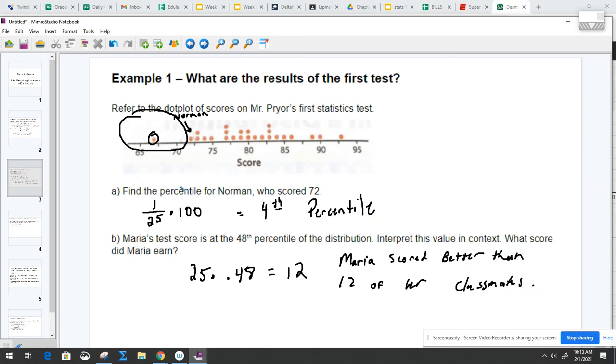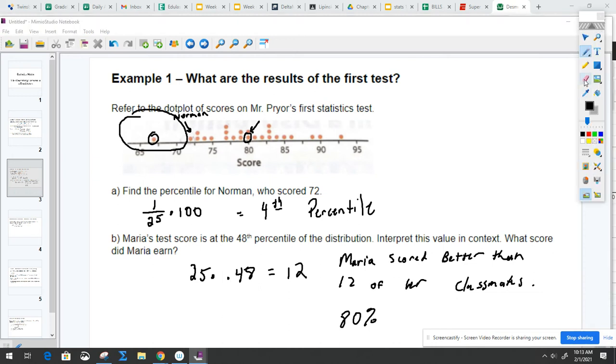If she scored better than 12, that would mean hers would be the 13th dot. So we've got 1, 2, 3, 4, 5, 6, 7, 8, 9, 10, 11, 12, 13. When they're stacked up here, you don't know whose is who, but it's one of those two right there. So the score would be an 80% is what Maria scored, or 80 points. I don't know that these are in percentages, but she scored 80 points on that test.